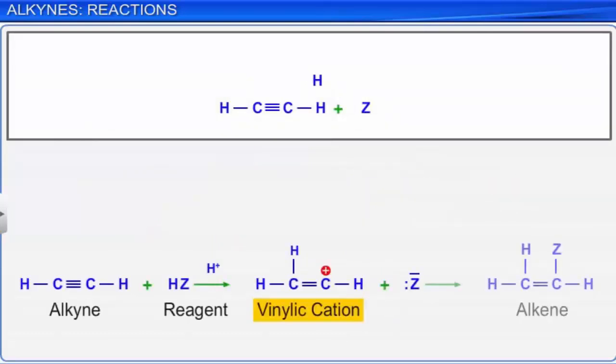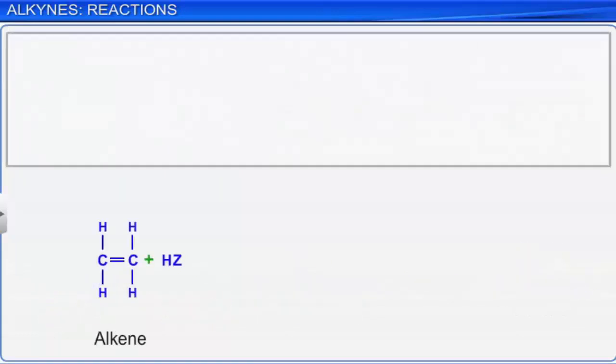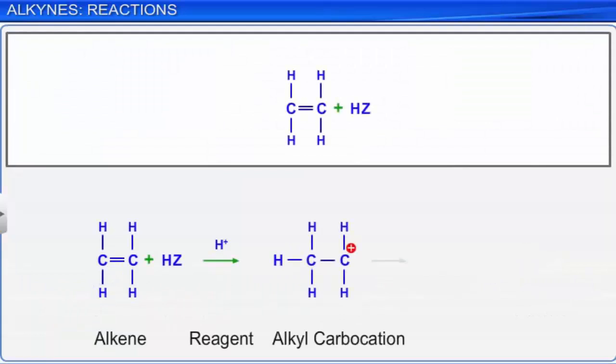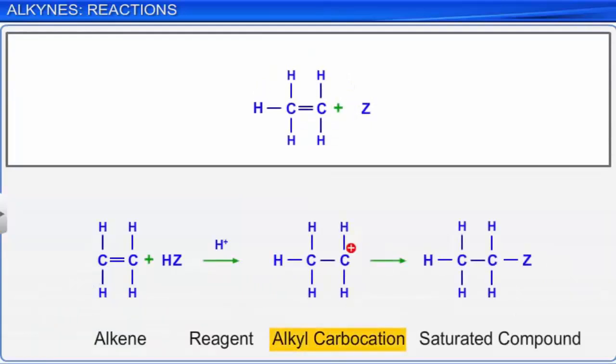Vinylic cation is formed as an intermediate during the addition reaction of an alkyne, whereas alkyl carbocation is formed as an intermediate during the addition reaction of an alkene.